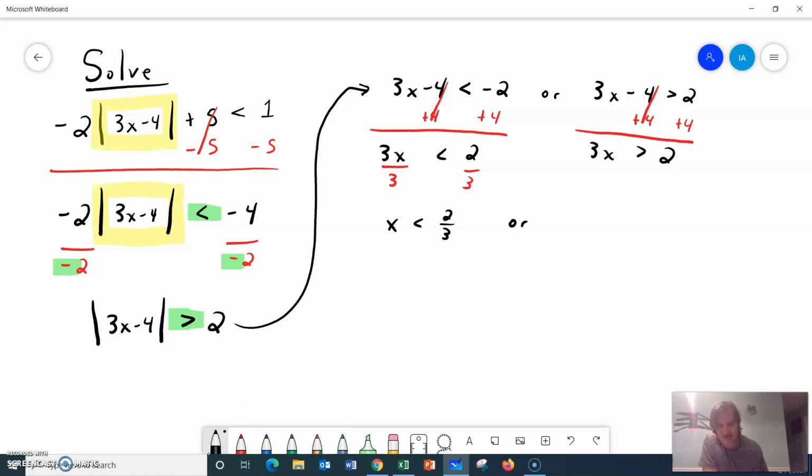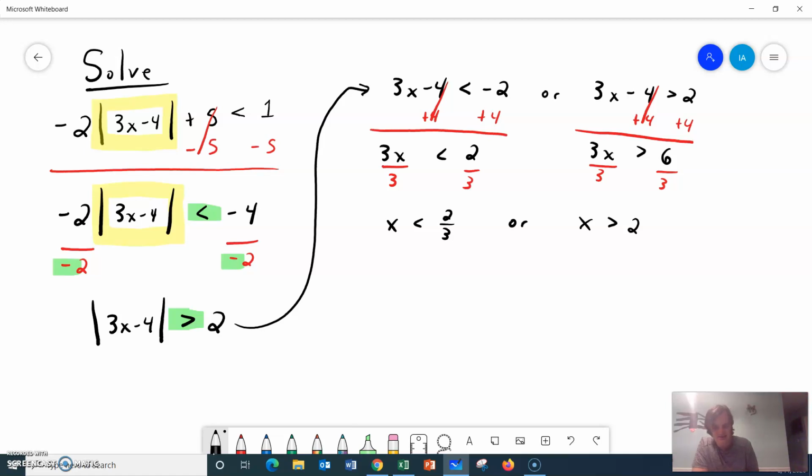Excuse me, yes I did. 3x, use our eraser. So I added 4 to both sides, so that should be 3x greater than 6. But now I need to continue getting x by itself, so I'll divide both sides by 3. So that leaves me with x greater than 2.